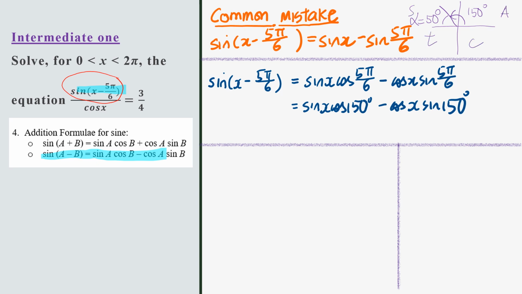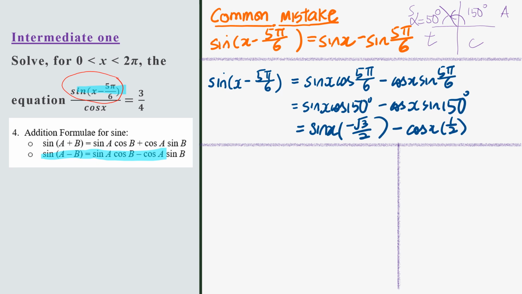Why negative? Because 150 degrees ends up in the second quadrant, and cosine of an angle in the second quadrant is negative.